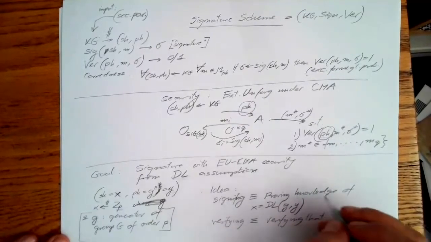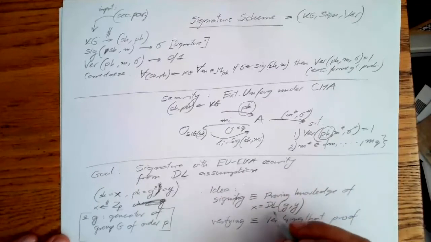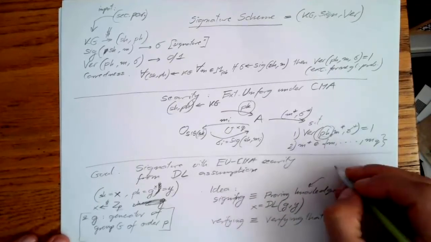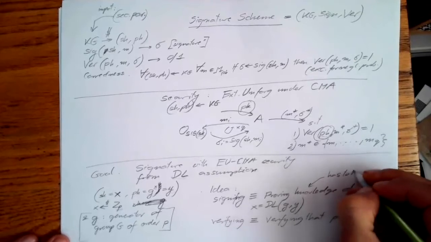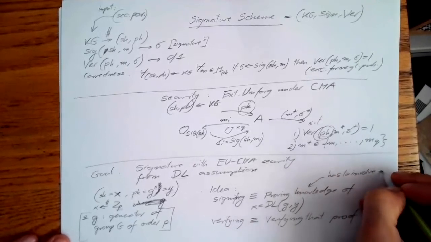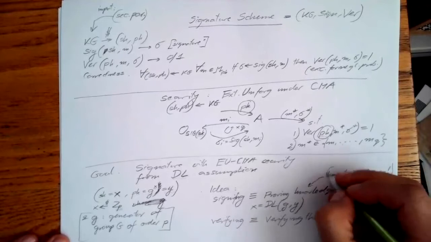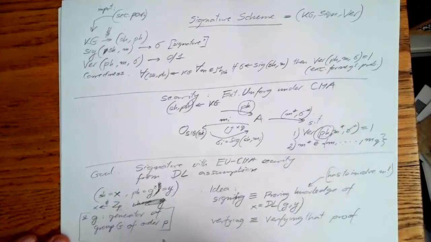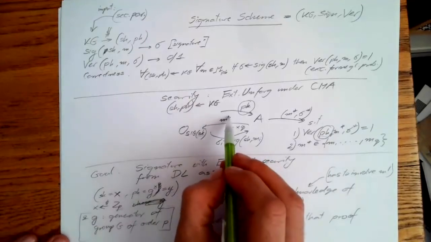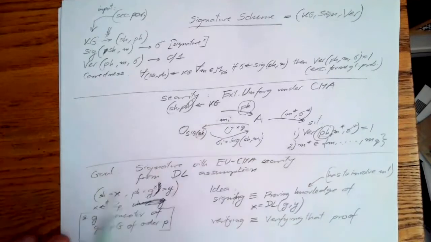Okay, and this proof of knowledge of the discrete logarithm has to involve the message somehow. Right? Because it's not just that you're proving that you know the discrete logarithm, you have to do that and somehow bind this proof to the message.